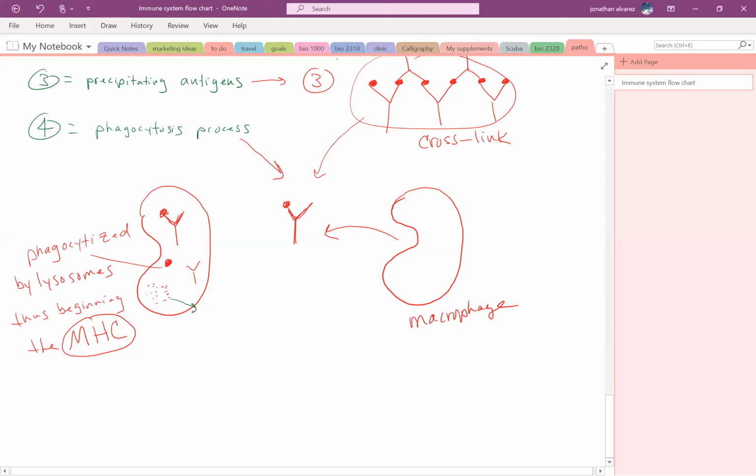So now that particular piece of the cracker, or this broken down, degraded antigen, is now brought to the surface. Now we'll get to that later because that gets into this major histocompatibility complex, and a bunch of fun stuff happens when this happens.